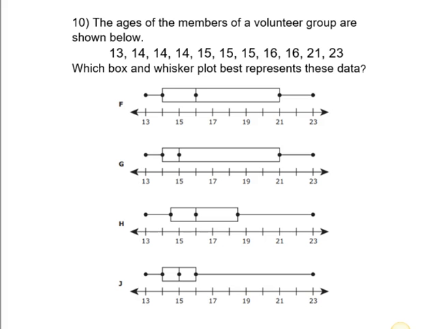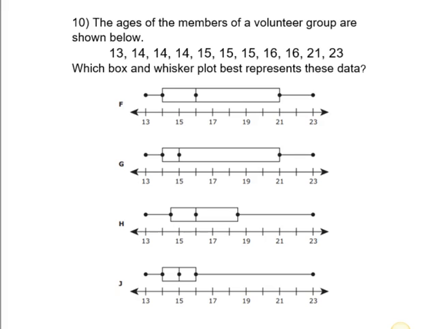The ages of the members of a volunteer group are shown below: 13, 14, 14, 14, 15, 15, 15, 16, 16, 21, and 23. Which box and whisker plot best represents these data?